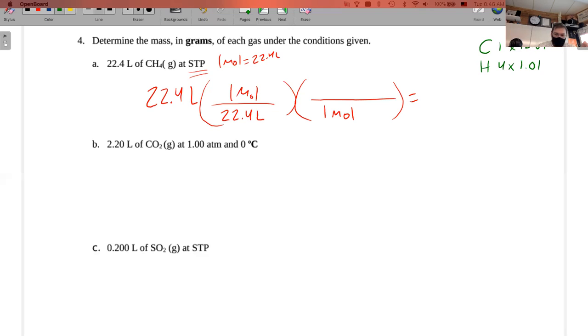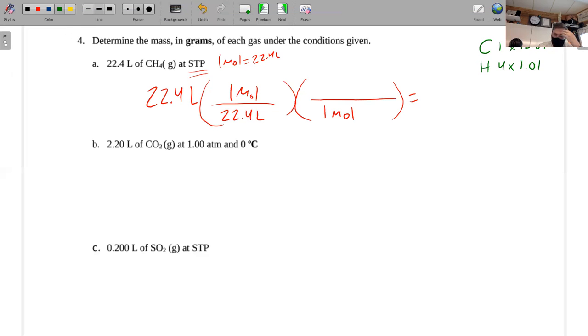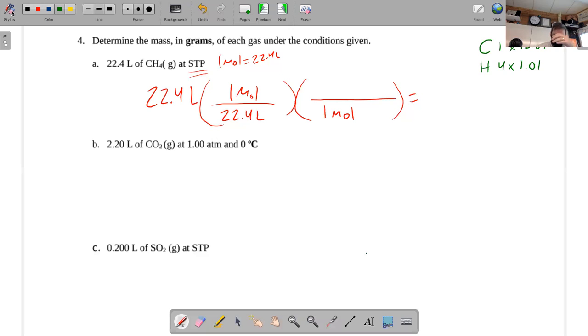Hold on, I've got to move these over. Let's see, where did my thing go? I hate when that goes away. Oh, there it is, stylus.